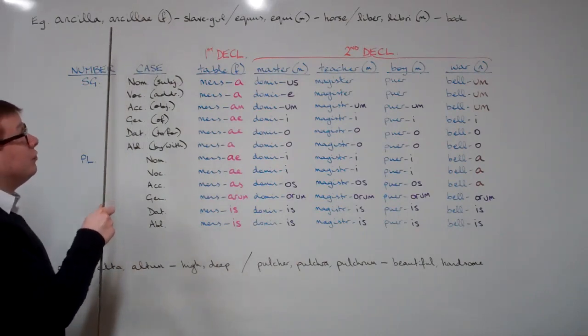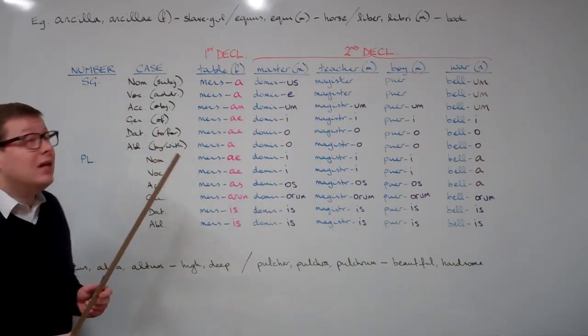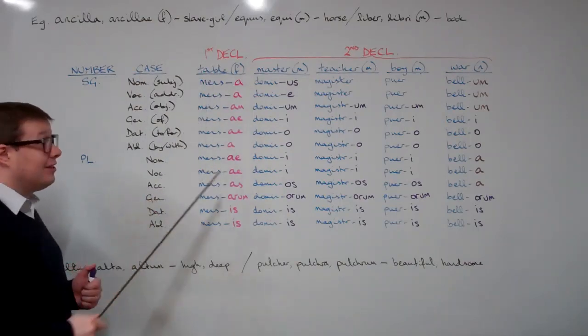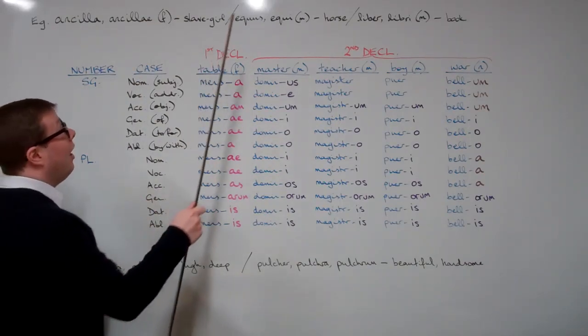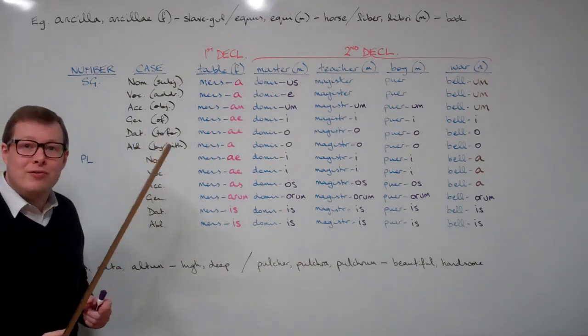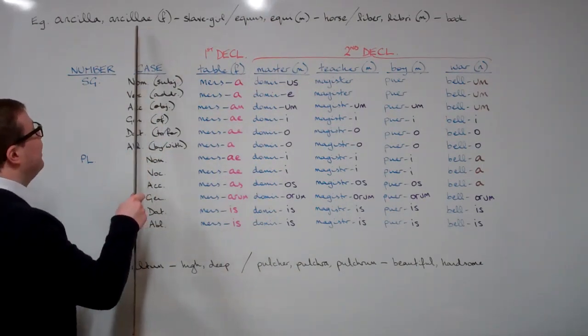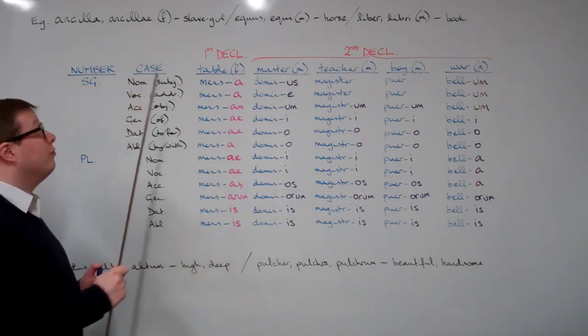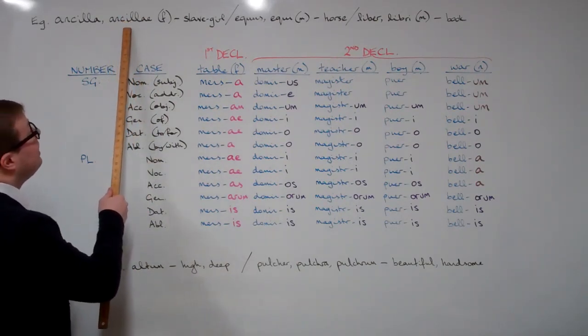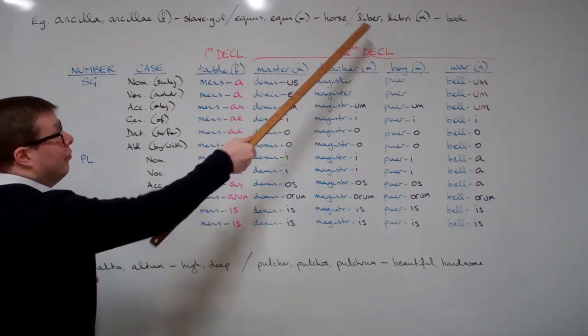Now, the ending of the genitive singular is helpful because it tells us, if it's an ae ending, that it's a first declension noun, and if it's an i ending, it's a second declension noun. But also very useful is that the genitive singular gives us the stem. If we remove the genitive ending, we get the various stems: ancill, equ, liber.